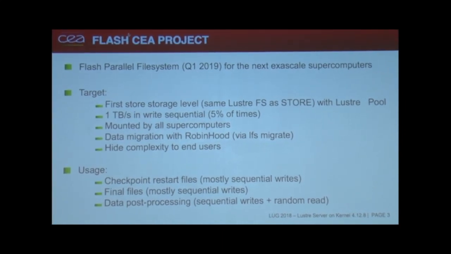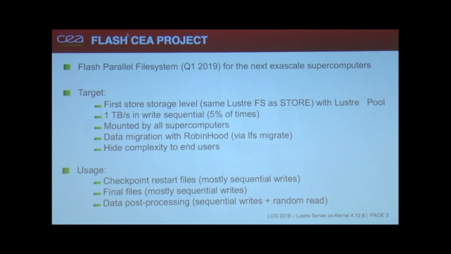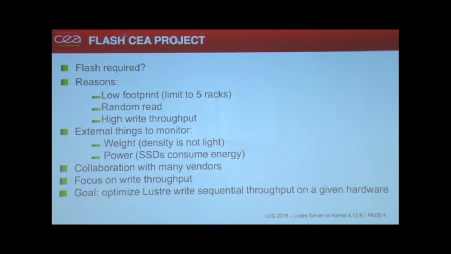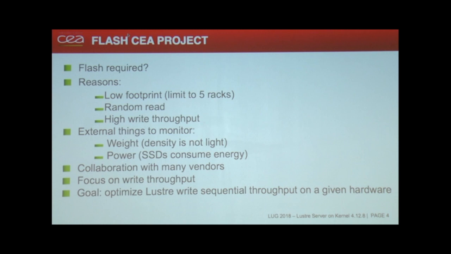Great, we will see this morning that some sites have file systems with this throughput, but we have some constraints. We have limited space in our data center, close to 5 racks for this file system, and we also have a random read pattern and need wide throughput. So that's a specific CEA use case.